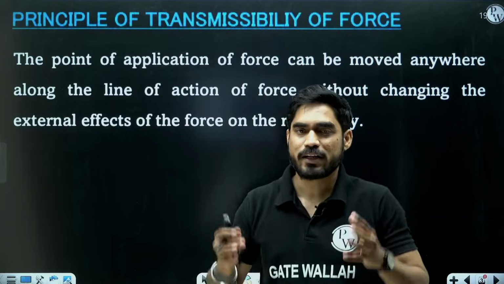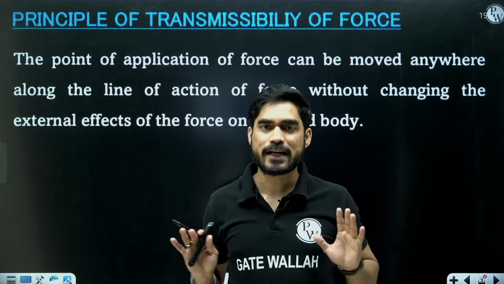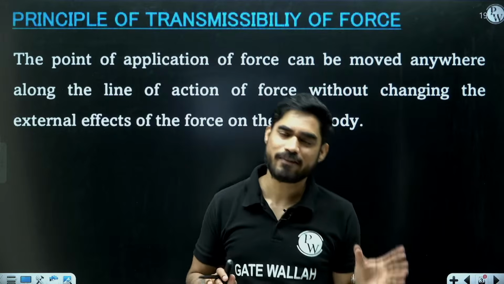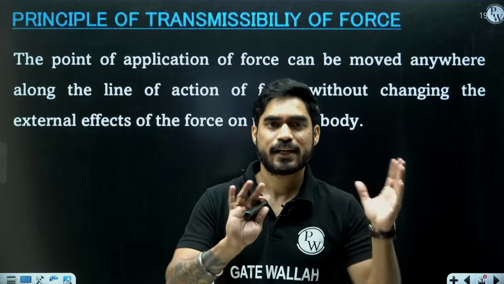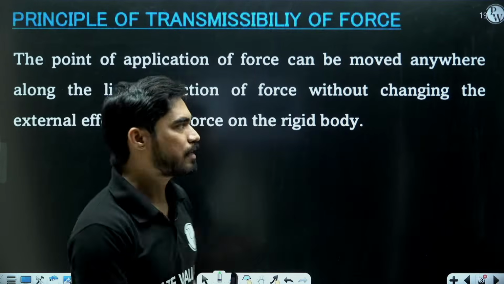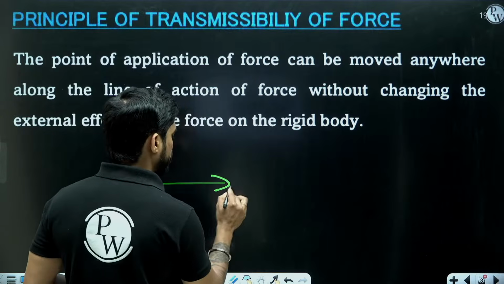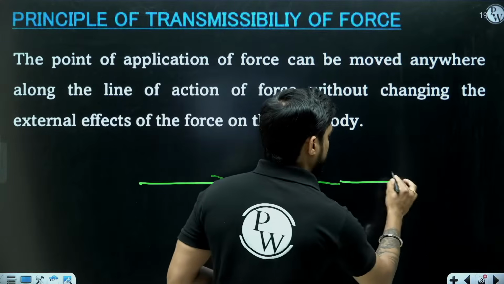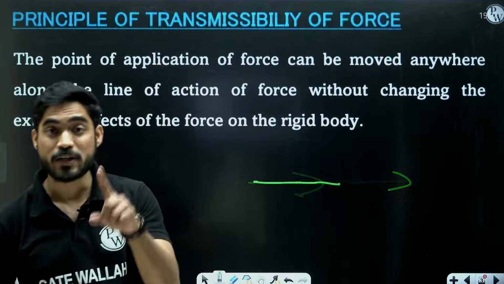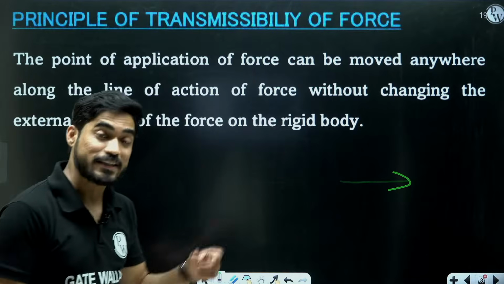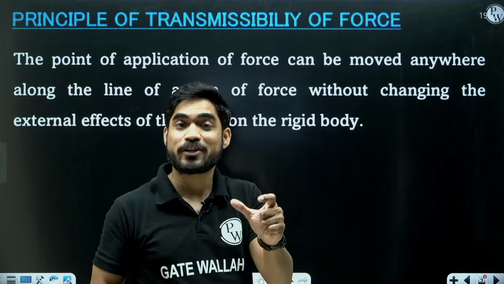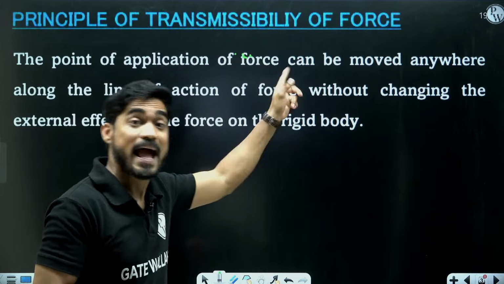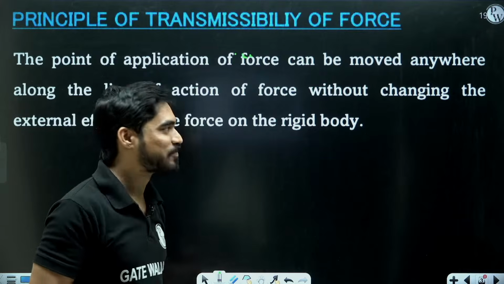External effect means whatever effect we can watch from outside the body, okay? Whatever is visible from outside, displacement, velocity, acceleration, all these are external effects of the force. So if I move the force anywhere along the line of action, then the external effect is not going to change. Today I am going to explain how this principle of transmissibility is actually used in questions, okay?